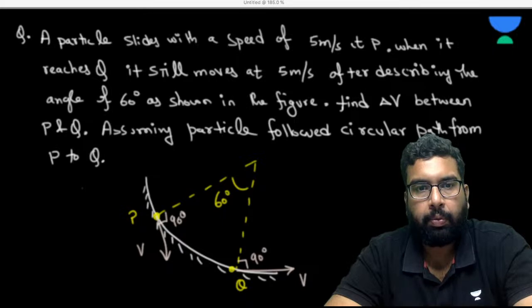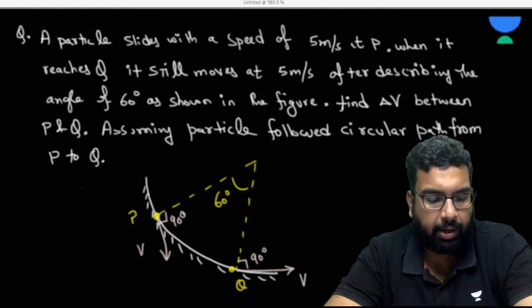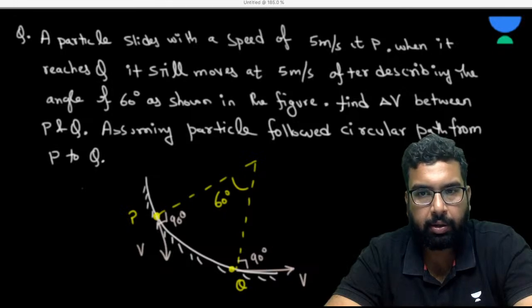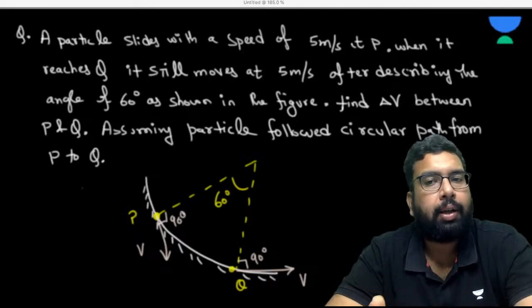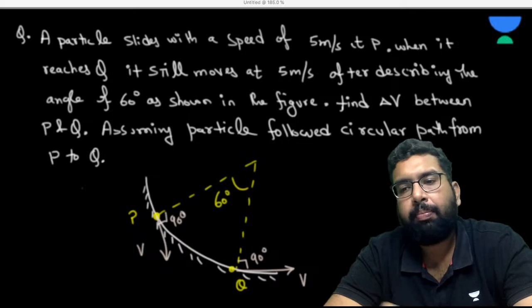No, no. I don't want the answer in Cartesian form. Cartesian we haven't started yet. So I don't want the answer in the Cartesian form. I want change in velocity. That means I want the direction of this and the magnitude of this.